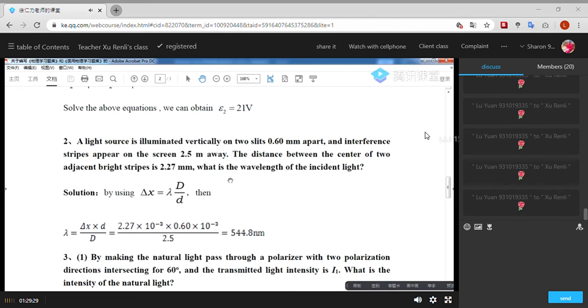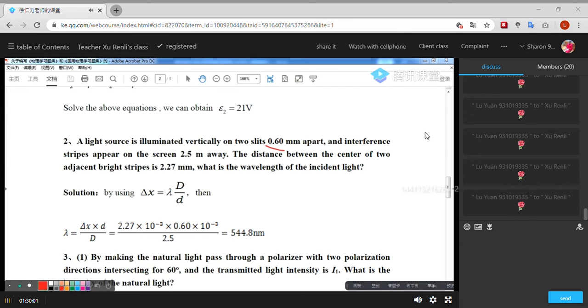And the other two problems are about the strip space. Let's quickly go through it. A light source illuminates two slits vertically, 0.6 millimeter apart, so little d is 0.6.